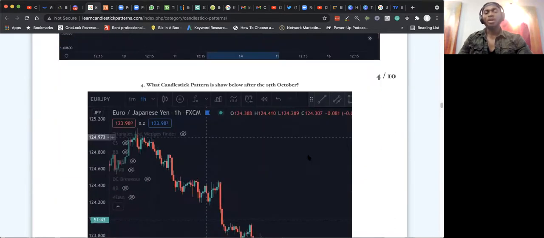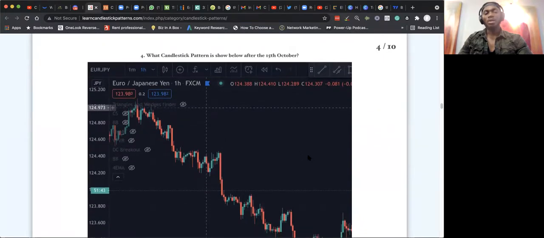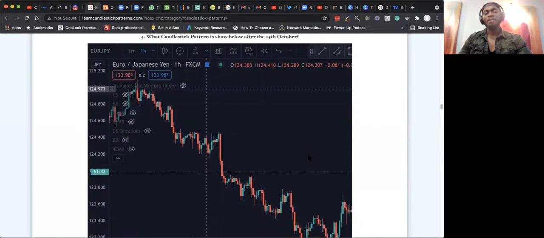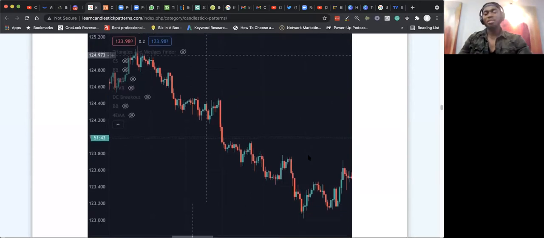Okay, moving right along. The next chart here is the 1 hour Euro Japanese yen. It's clearly a bearish chart pattern. At the bottom here is what seems to be a hard support at the same price, and this chart makes two attempts at that support and gets bounced off.